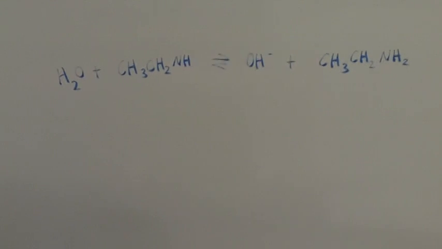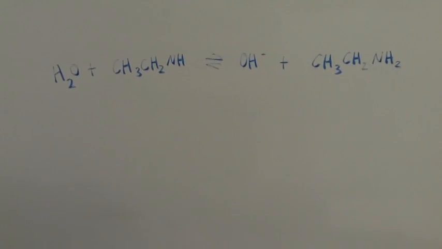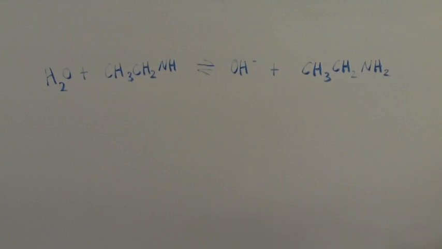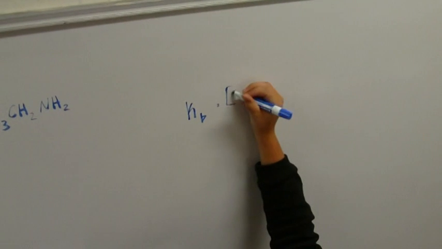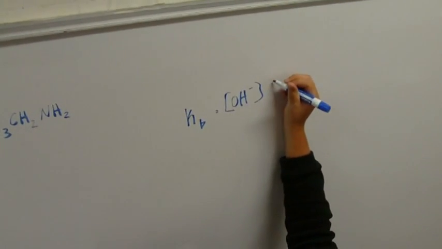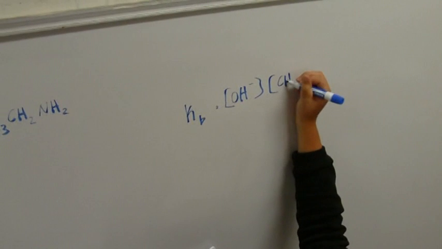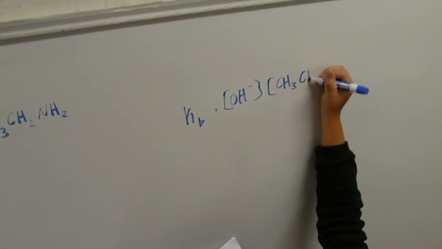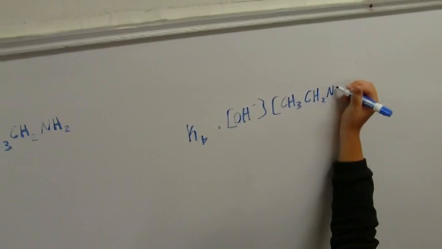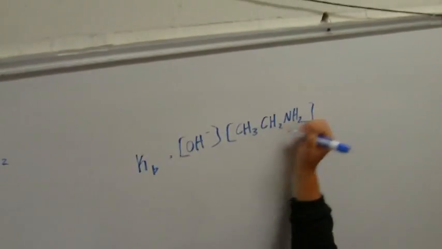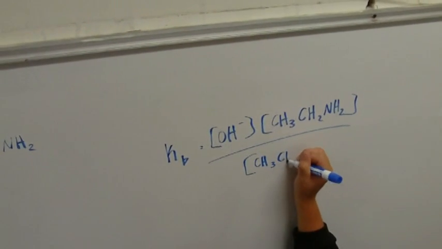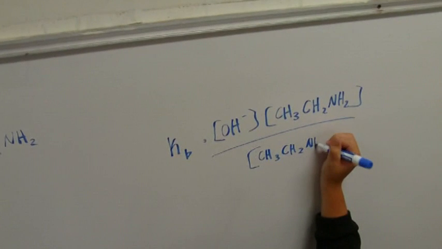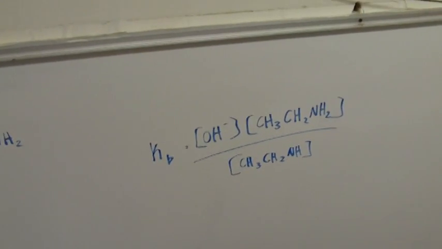We want to find the Kb, and of course, Kb is products over reactants: OH minus times CH3CH2NH3 plus over CH3CH2NH2. And we're going to use an ICE table.